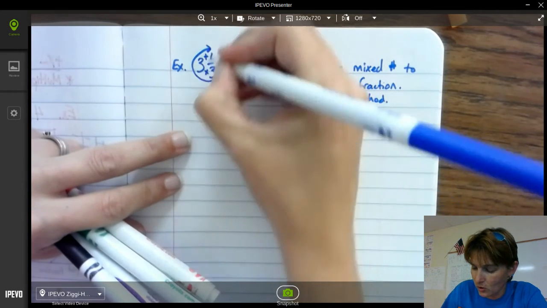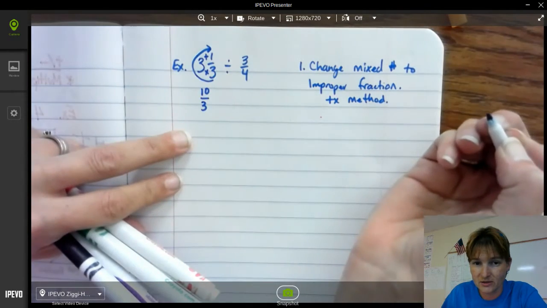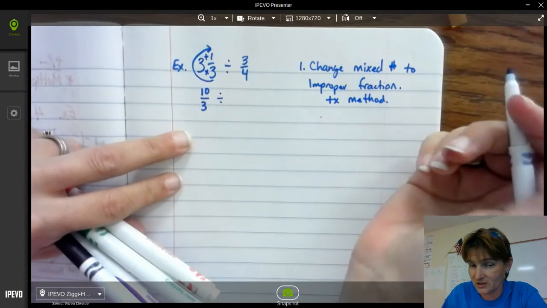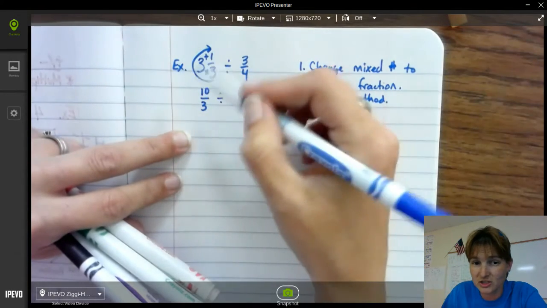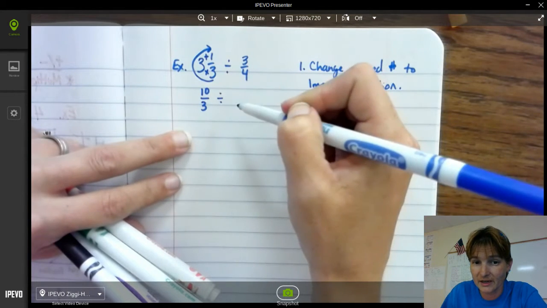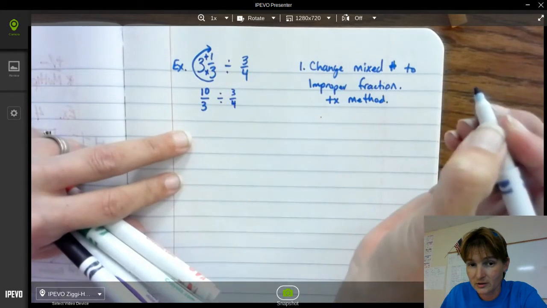Okay, 9 plus 1 is 10. Denominator stays the same, so 10/3. I haven't done anything with keep, flip, change yet because it's a division. I was just changing this into an improper fraction. So everything else stays the same. So I still have dividing by 3/4.